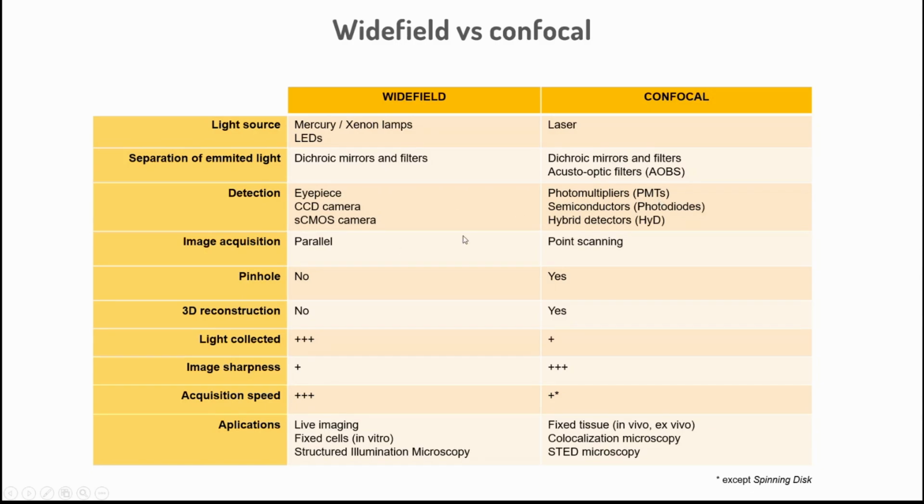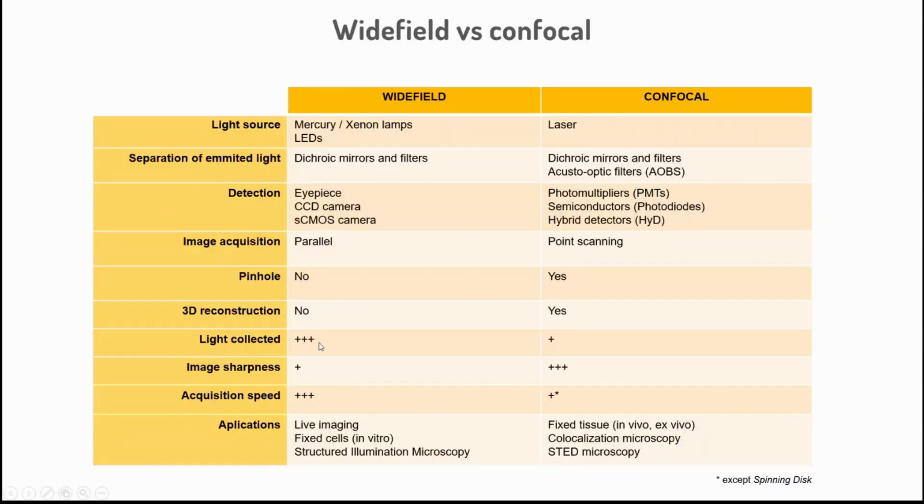The image acquisition is also different because in wide field you take an image of the whole sample at the same time, and in confocal you have to scan the field. So in confocal it will go through all the field point by point. This is why it's called point scanning, and this takes time. This is why it's slow. In wide field you have no pinhole. In wide field you can't do 3D reconstruction unless you do the deconvolution first.